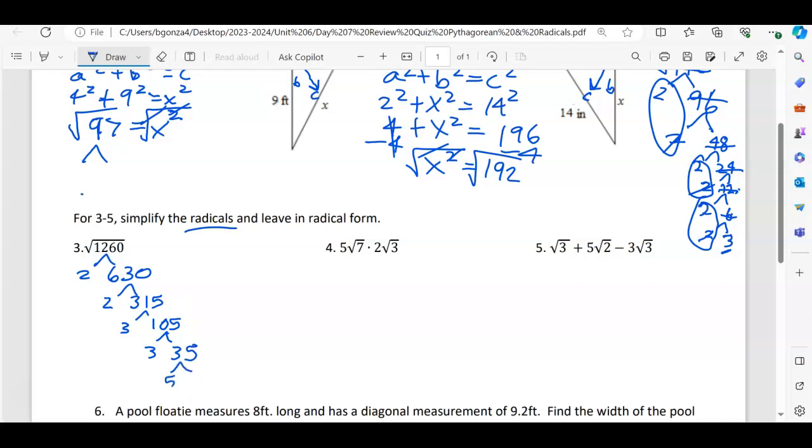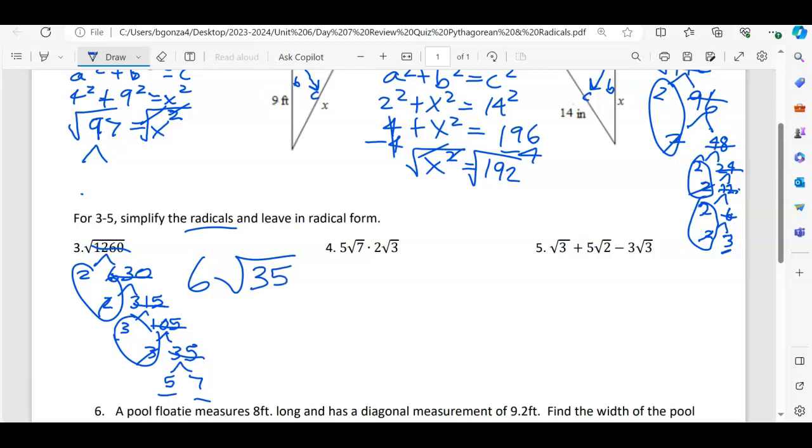And then 5 times 7. All right. So you make your factor tree, break it all down, circle your pair of 2, pair of 3, loner 5, loner 7. So pairs go out, 2 times 3 is 6. Loners multiply on the inside, 5 times 7 is 35.